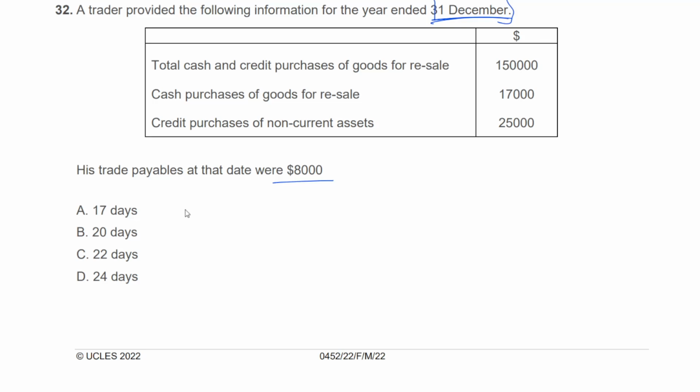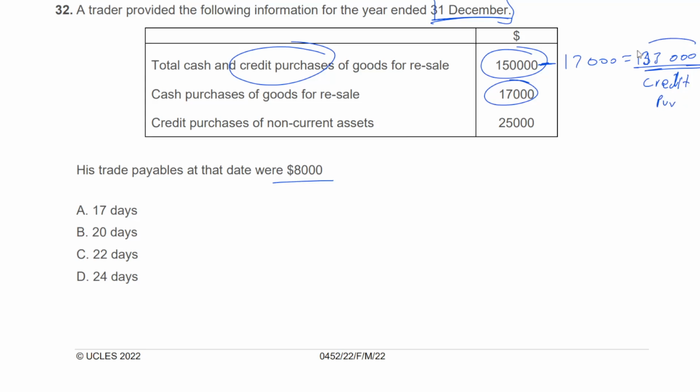That's what it is. Well, first of all, identify the credit purchases. This is the total of credit and cash, and this is just the cash. So remove 17,000. 150,000 minus 17,000 is 133,000. That is your credit purchases.